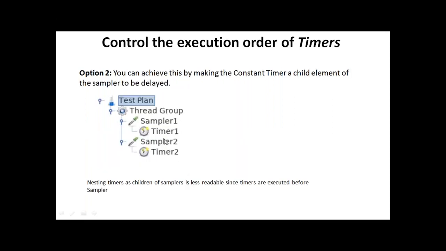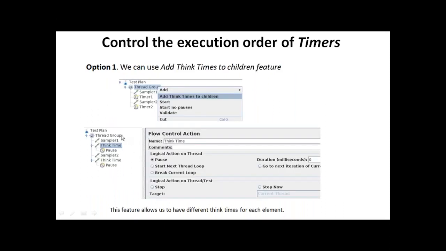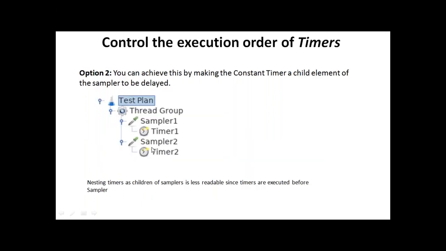If you are recording with the template called recording with think times, option 2 will be taken care of. Or you record, and after the complete recording is done, you say add think times to the children, and option 1 will be done by JMeter. While recording itself, if you record with the think times, option 2 will be taken by JMeter.